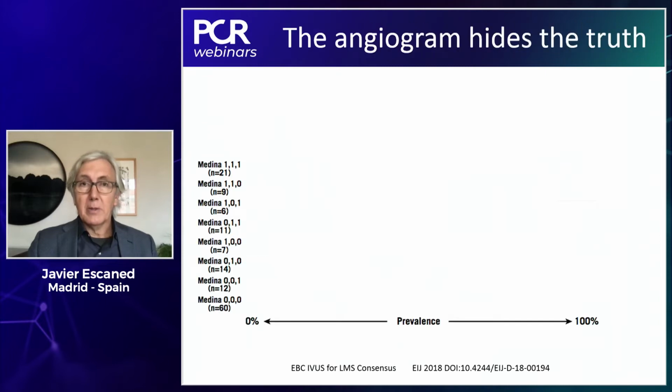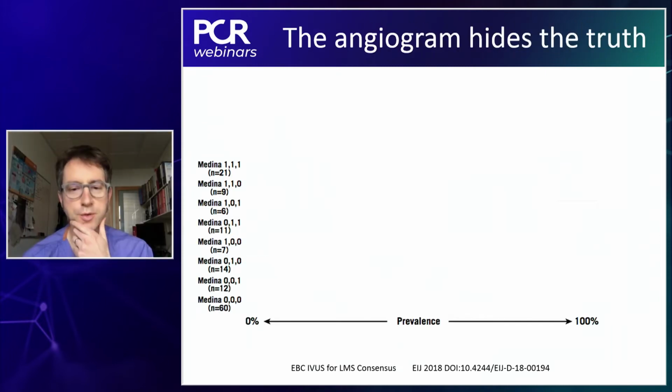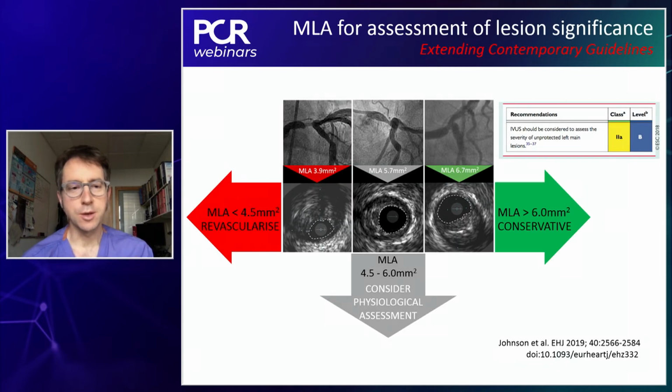Okay, if we just pause on that slide just for a moment, because I think this leads back to the question that Cyan asked about the plaque characteristics. So the example on that right-hand panel of an MLA of more than 6.7 millimeters squared, in that example, we actually see on that IVUS quite high-grade, high-burden disease.